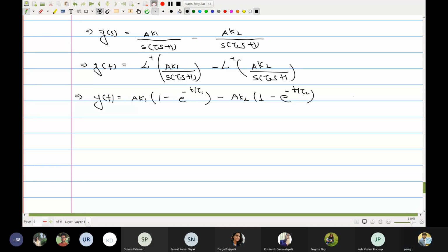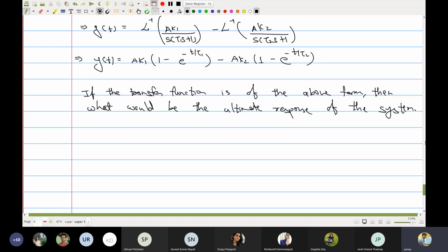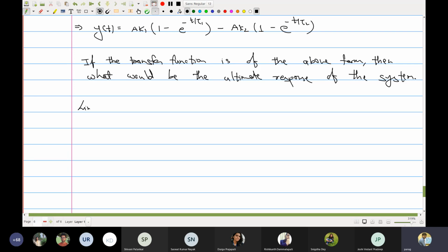Fine. Now the question is, if the transfer function is of the above form, what would be the ultimate response of the system? The ultimate response is the limit as t tends to infinity of y of t.